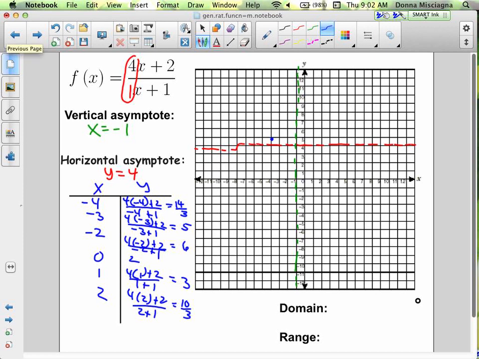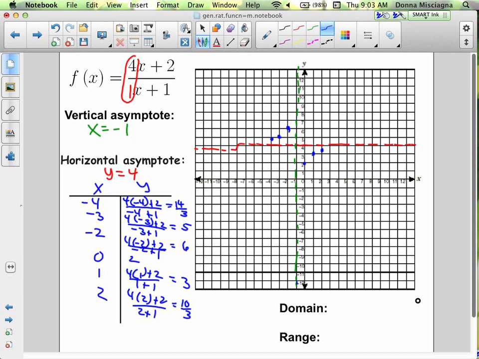And then we got negative 3, 5, and negative 2, 6. On the other side, 0, 2; 1, 3; and 2, 10 thirds. So 3 and a third.